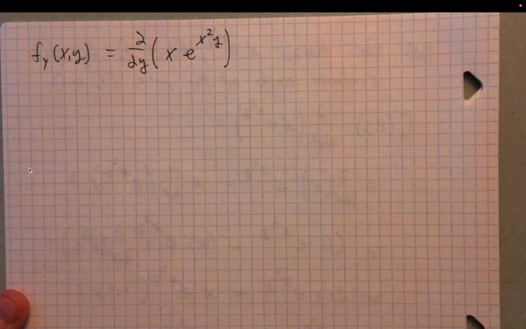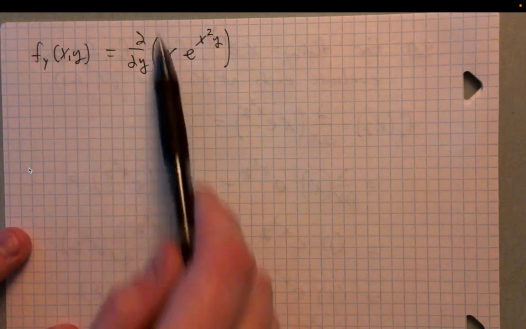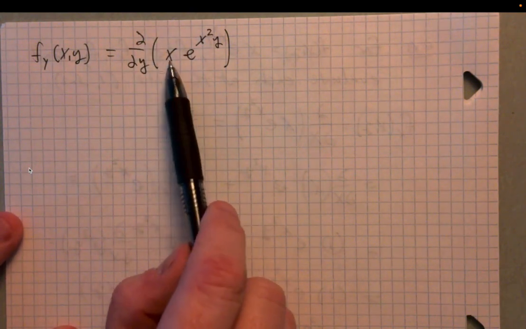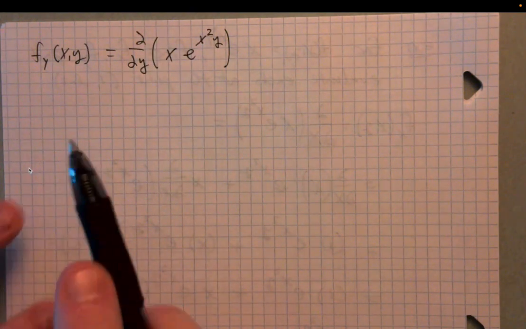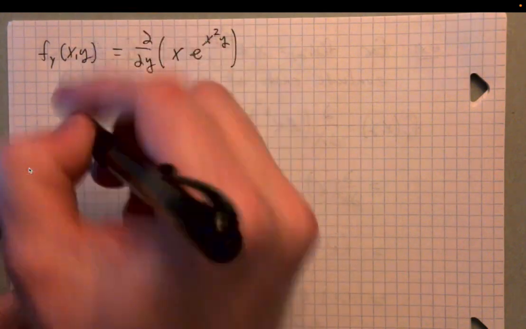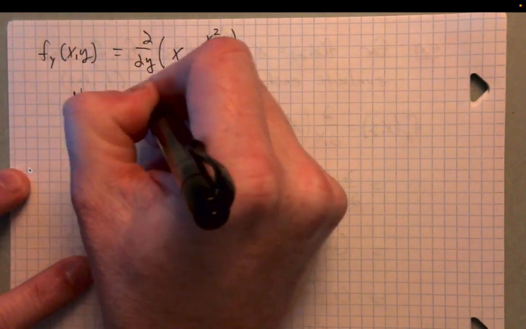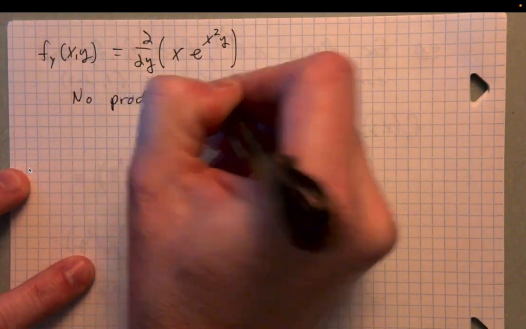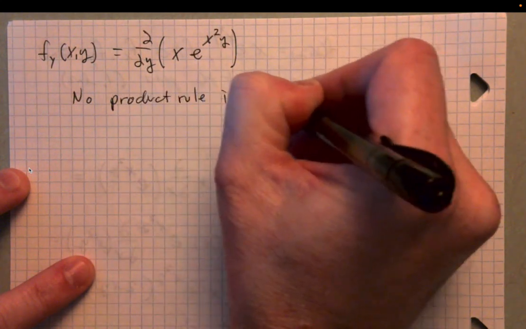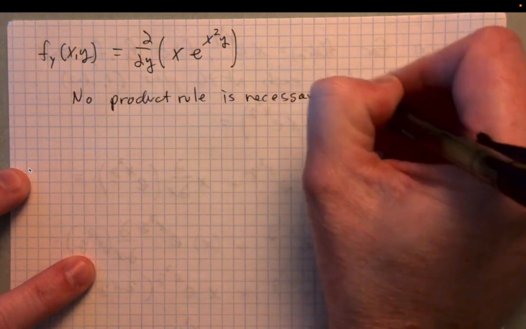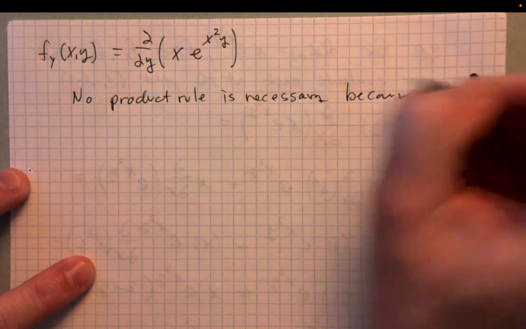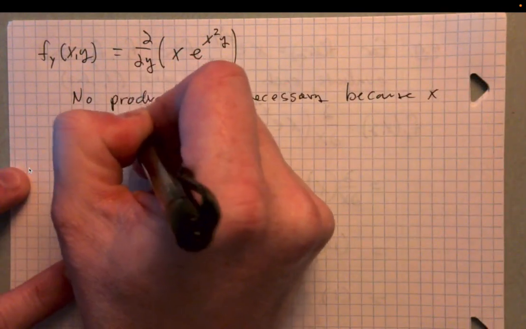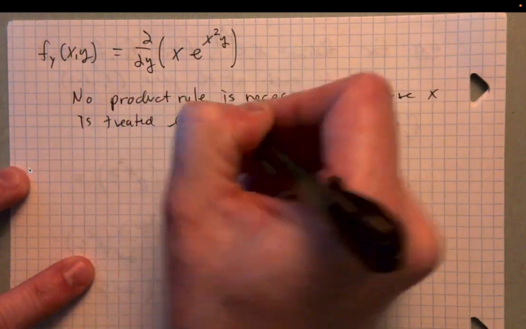Well, it's the same situation here with this partial derivative with respect to y. This x is treated like a constant, right? So let's write this down. No product rule is necessary because x is treated like a constant.